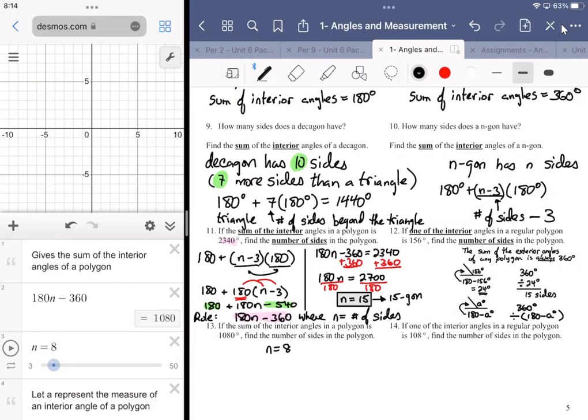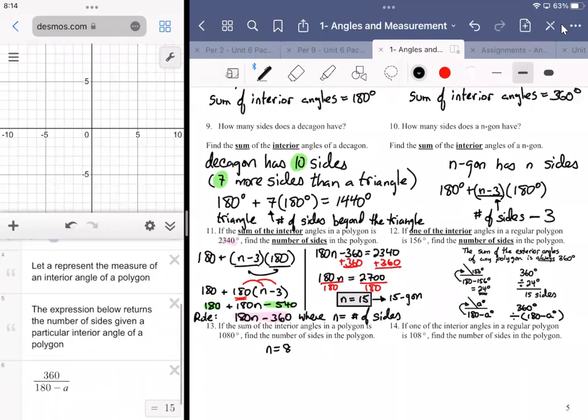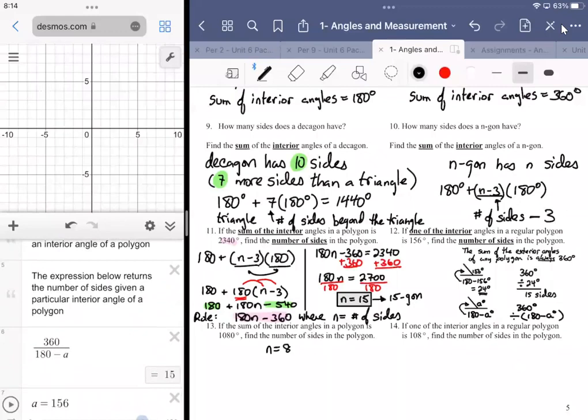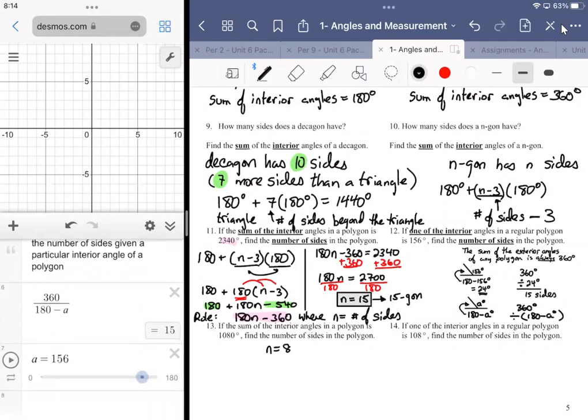If one of the interior angles of a polygon is equal to 180, then what's the number of sides? So I'd slide my slider to 180. It looks like 5 sides. Now we already did that problem, but still, it's nice to know that we have technology that will help us. So the number of sides is going to be equal to 5.